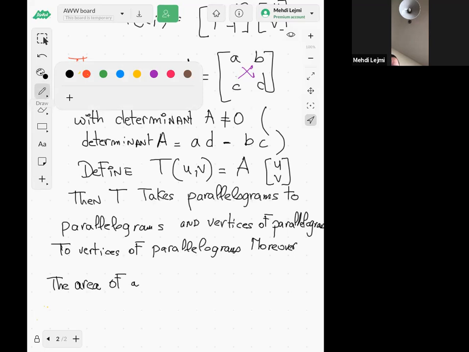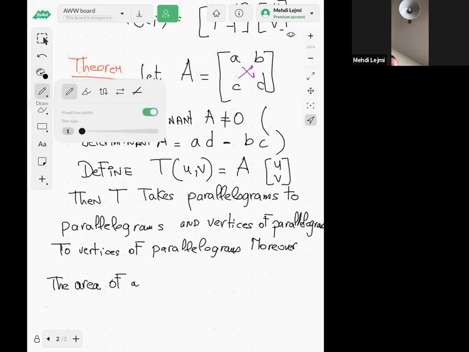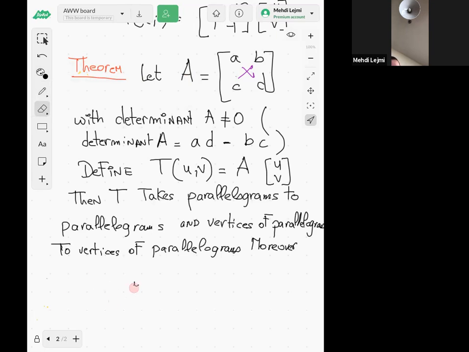let me state this in a different way. So moreover, let's say R is a parallelogram. I'll just finish with this theorem, guys, and we'll come back to this next time.